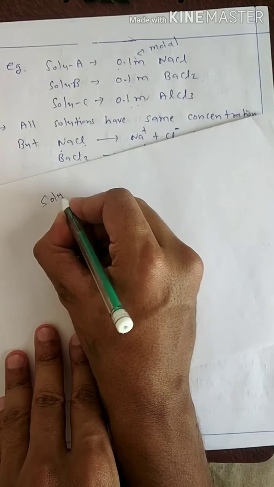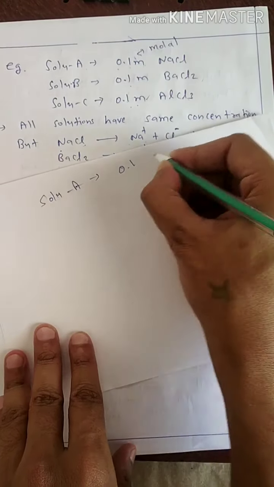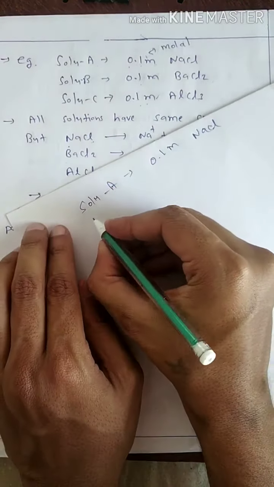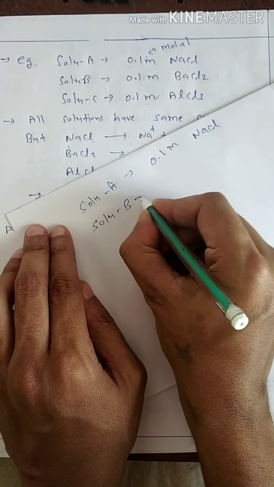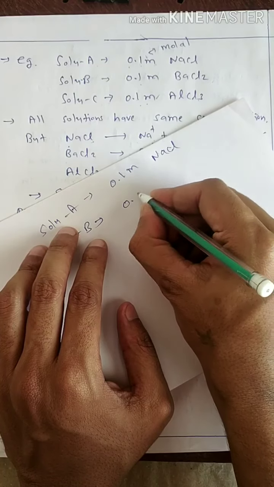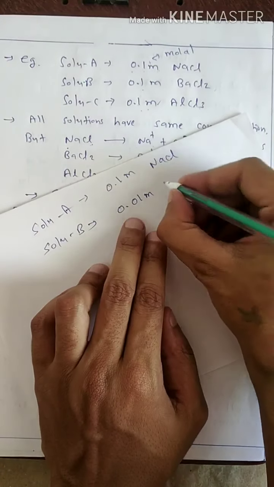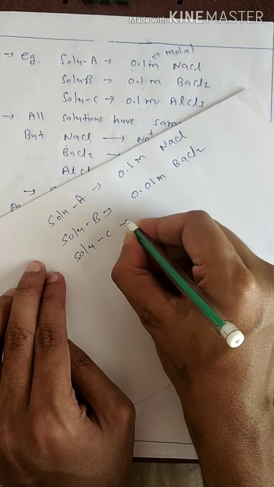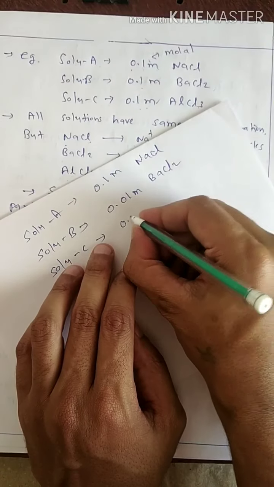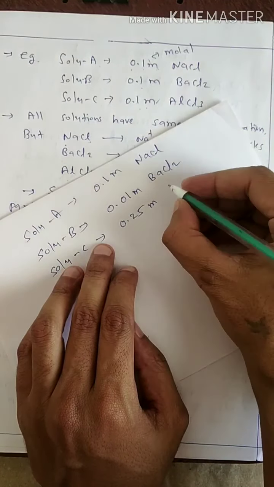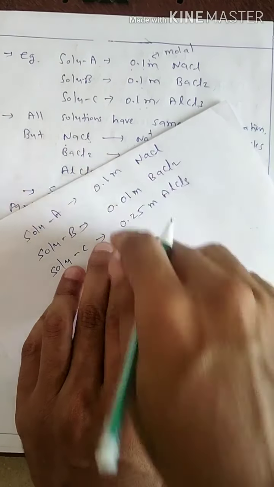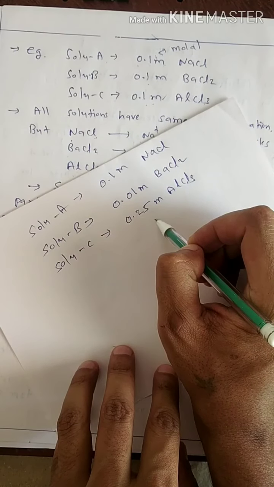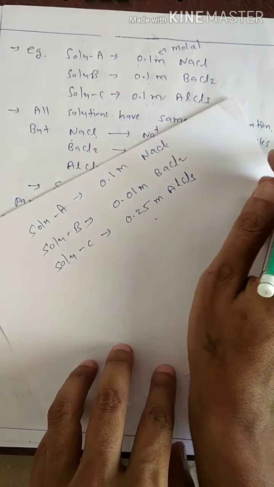Suppose I take solution A that is 0.1 molar NaCl, solution B that is 0.01 molar BaCl2, and solution C that is 0.25 molar AlCl3. Here the concentrations of all three solutions are different. Now what will we do?